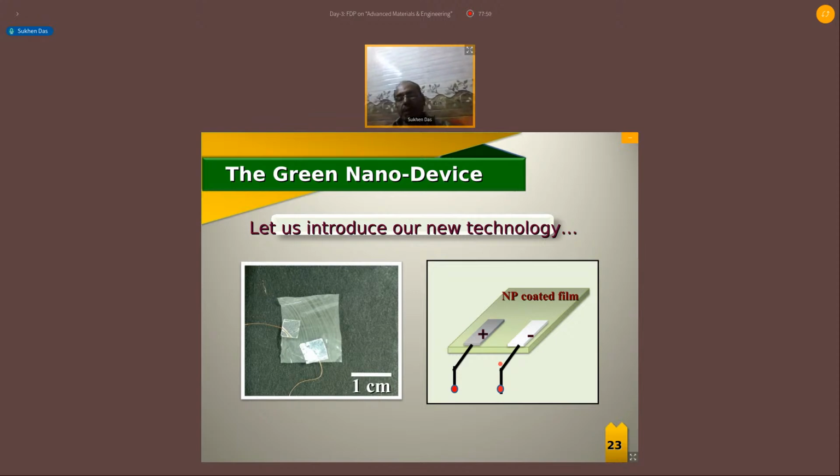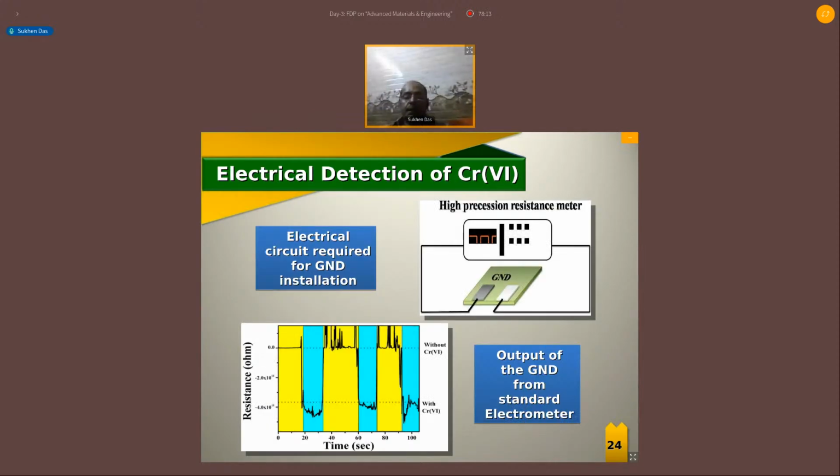That means the boehmite added with the gum acacia. And from there we have made a thin film, and in that thin film we have made two leads. One is positive and another is negative. And whenever we connect this through a resistance meter, we can find some resistance there.